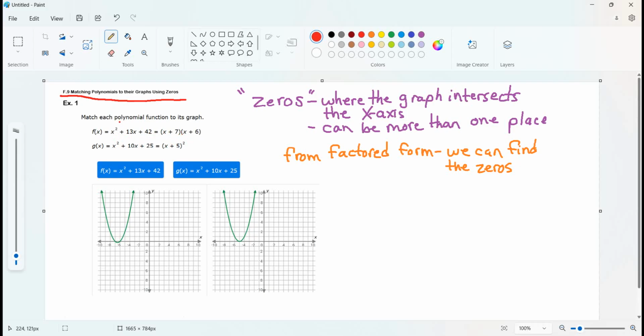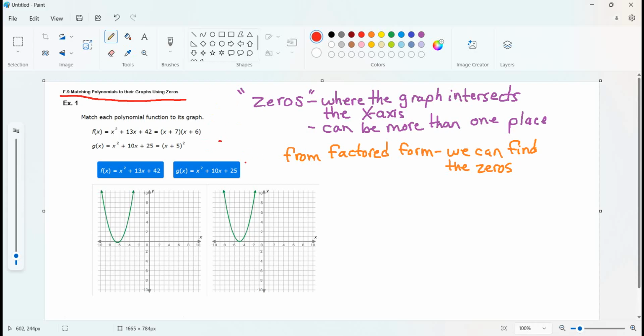So we can take an equation, which is pretty much just addition and sometimes subtraction, a whole bunch of things being added and subtracted together, and we can put them into a factored form, which means we're multiplying them. So this f function, the f of x factored is then x plus 7 times x plus 6. And that's a whole lot of fun for another day, but they've already factored it for you.